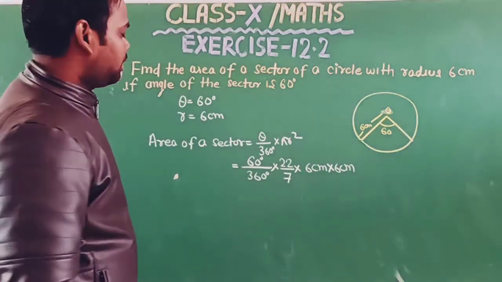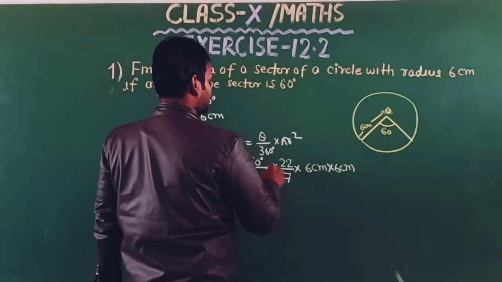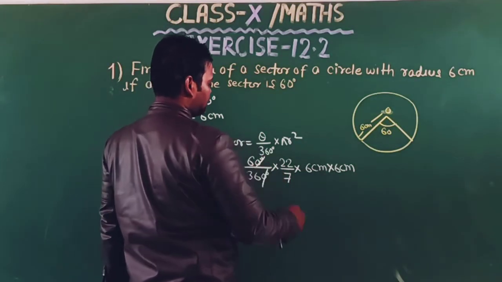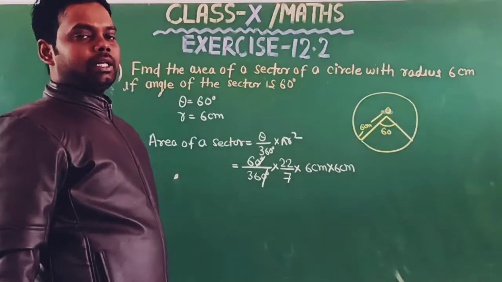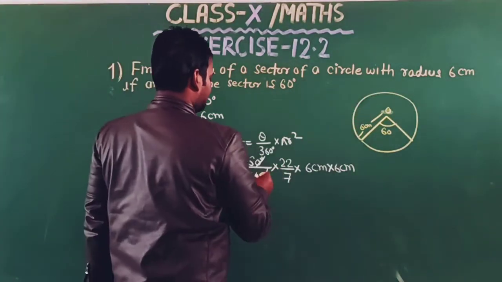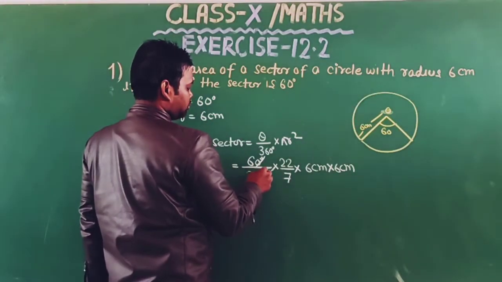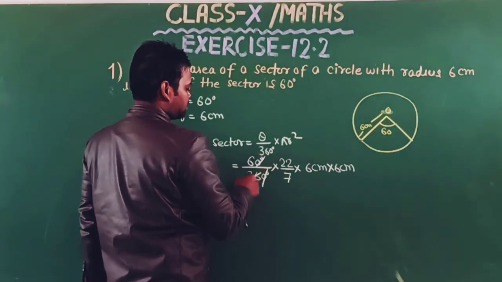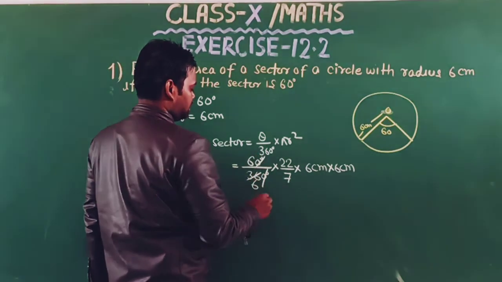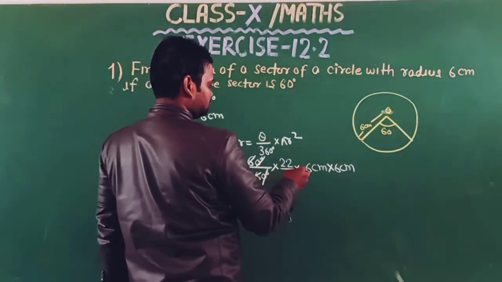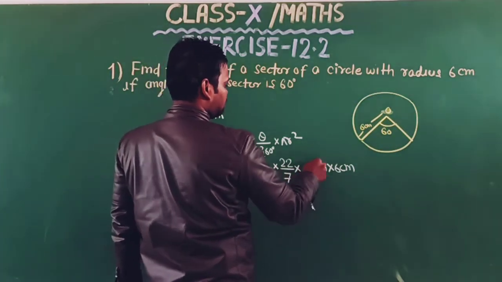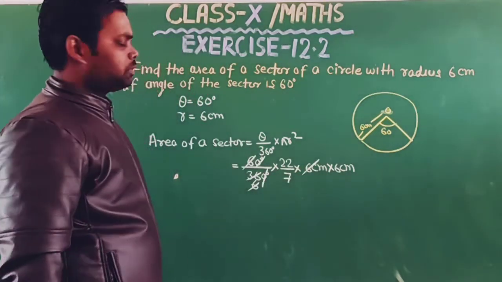Now simplify, so we can cancel 0 from numerator and denominator, and 36 reduces by 6. 6 times 6 is 36, and 6 also cancels out.